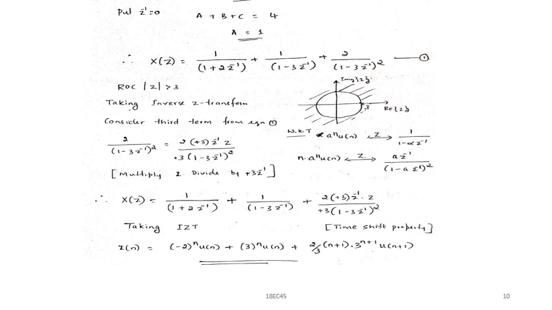These are the problems related to the partial fraction method. There are 3 types of problems. One, where the order of the numerator is less than the denominator, so you can apply partial fraction method directly. The second type is where the order of the numerator is greater than or equal to the order of the denominator.